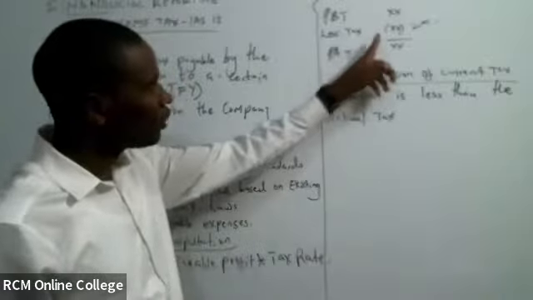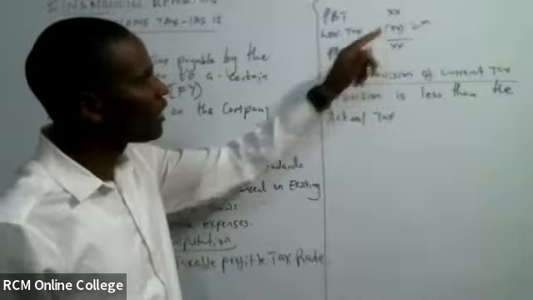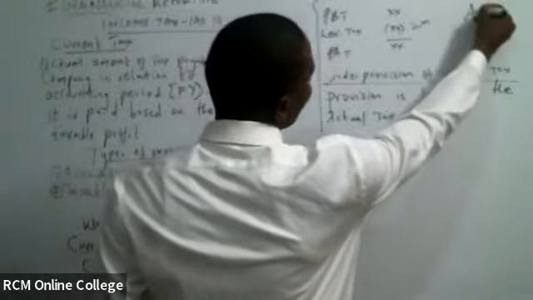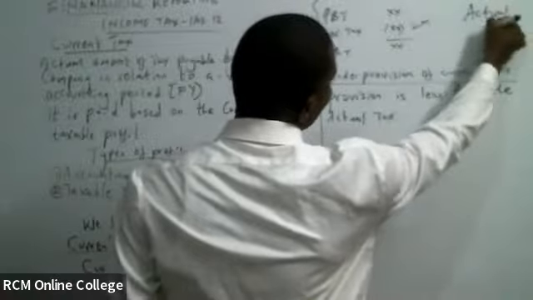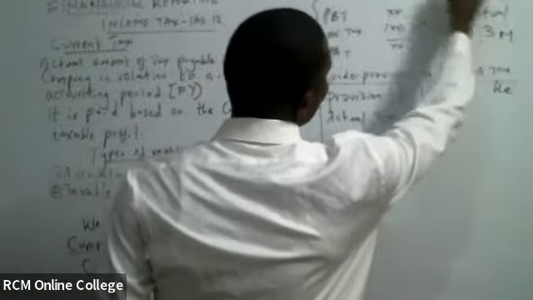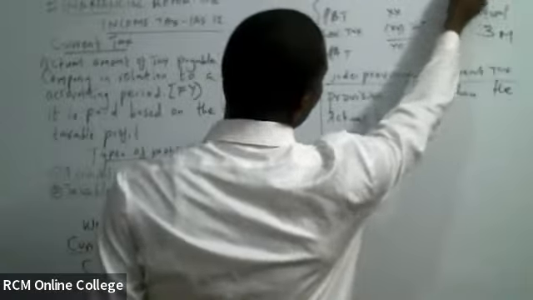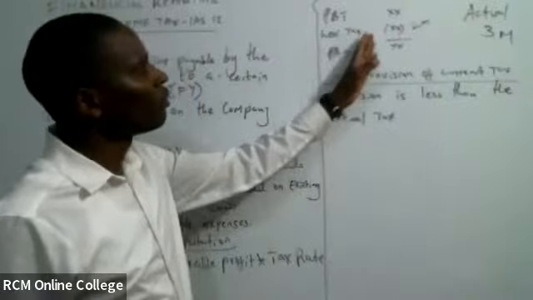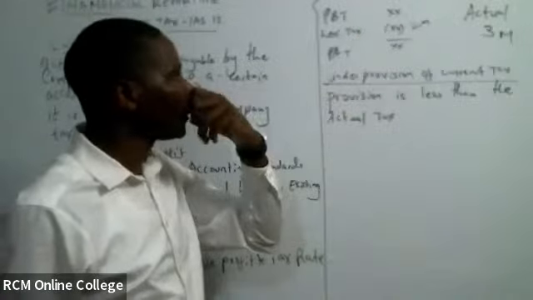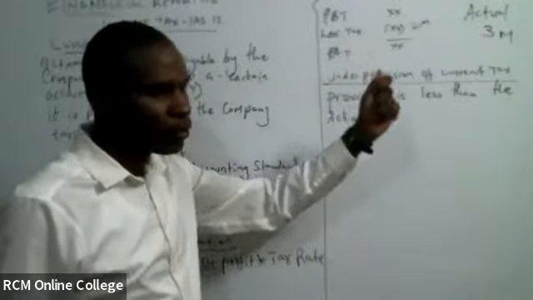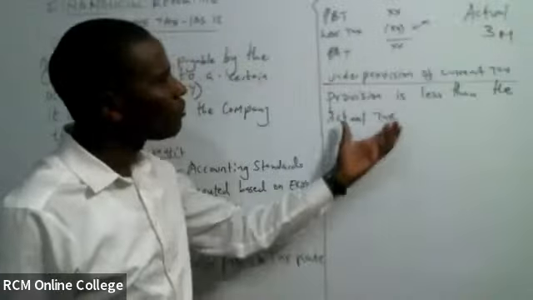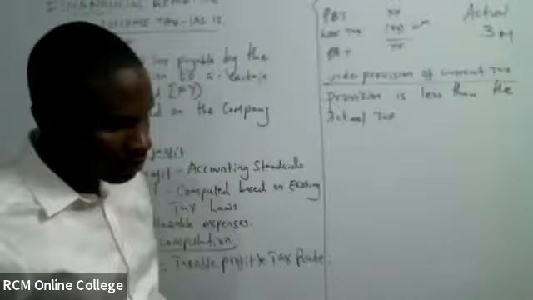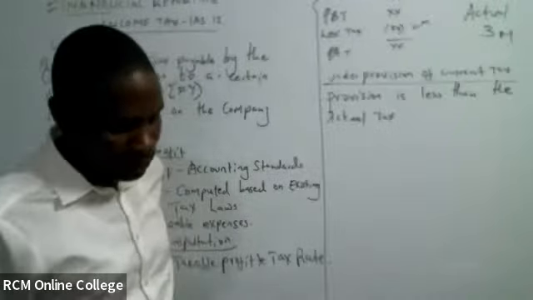If, for instance, we provided for 2 million and the actual is 3 million, maybe this is 2022. In the year 2022, we provided for tax being 2 million and the actual tax would be 3 million. So that becomes an under provision of current tax.